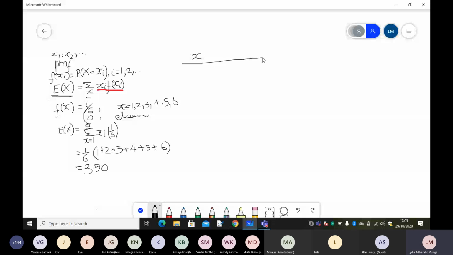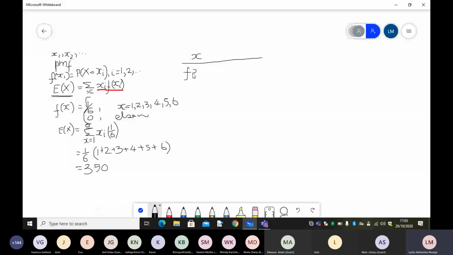Now we have it in tabular form. We have X at the top, f of X below.